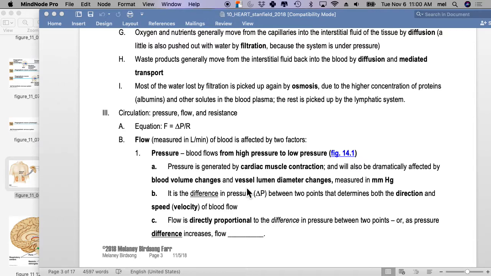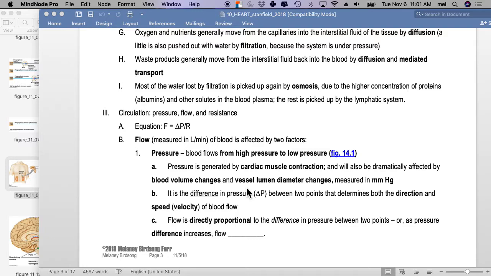But FYI, you do move both oxygen and also some other things out of capillaries by filtration as well. And filtration was not based on concentration, it was based on what? Pressure and size, right? So FYI, you always push stuff out of capillaries into interstitial fluids by filtration, but you suck most of it back up by osmosis.